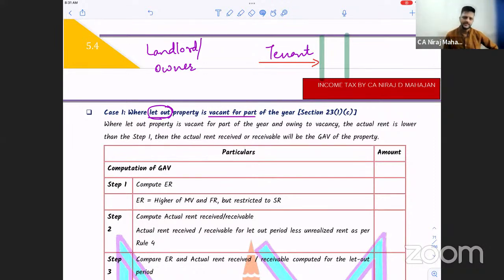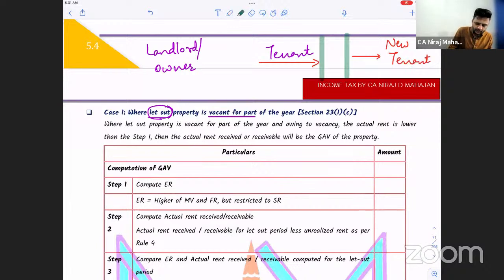The property is let out, and you are continuously showing it to agents, they are trying to find you a tenant, but maybe for 1 or 2 months you have lost the rent income. Lost the tenant means you don't have the rent income. Clear till here? And then later on you have a new tenant.